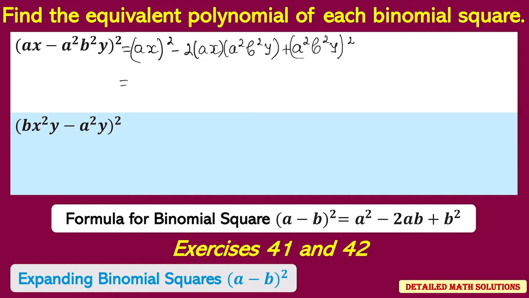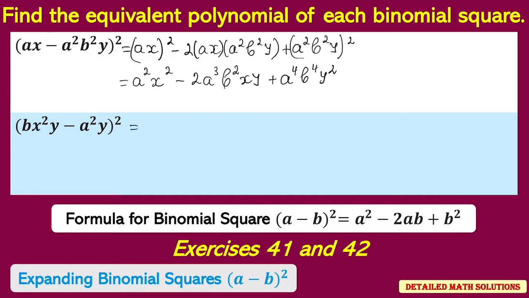When I simplify further, this equals a squared x squared minus 2 times a cubed b squared xy plus a to the fourth power b to the fourth power y squared.